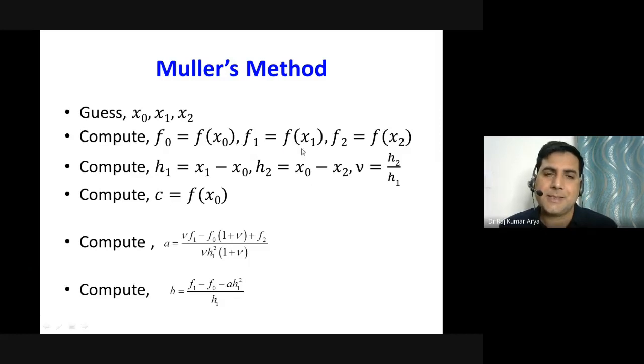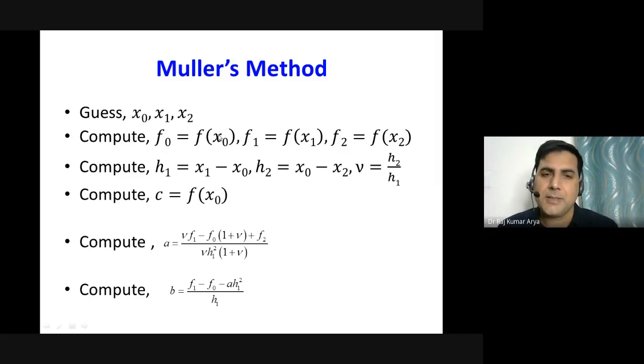But generally, if they are far apart and covering the entire range of the function, that would be much better. Sometimes we know the nature of the problem, so based on that you can say what my root should be, and then you cover your entire function that way.